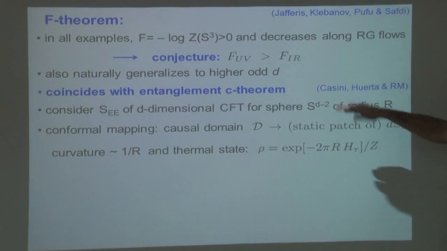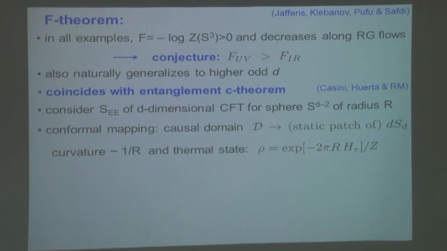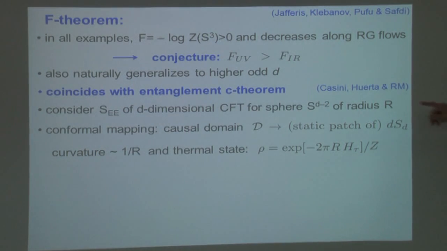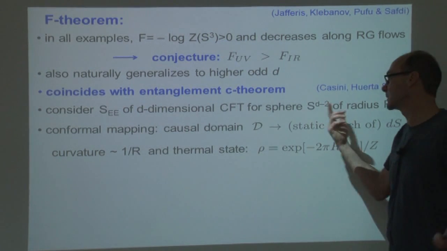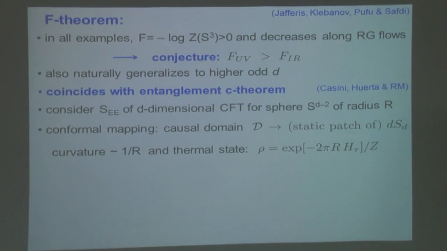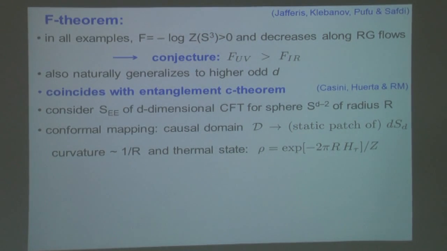And there is a conformal mapping that takes it to the static patch of de Sitter space, where the curvature of my de Sitter space is given by the radius here, and the temperature of my de Sitter space is also 1 over 2 pi r. So the density matrix there, in principle, I can write like this.